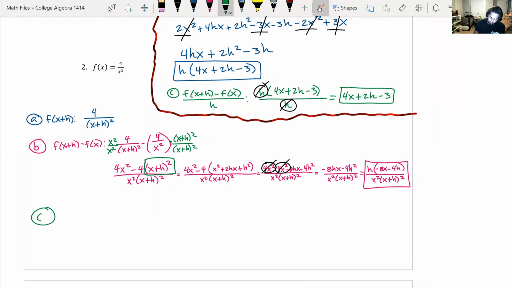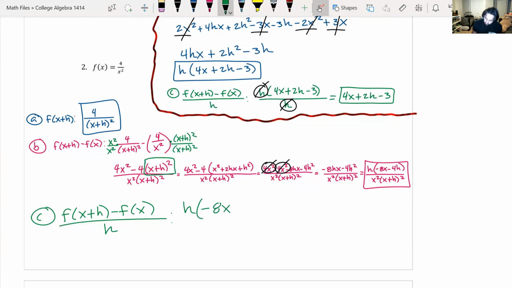Let's finish it up. Take everything we found at the end of step 2 and put it all over h.